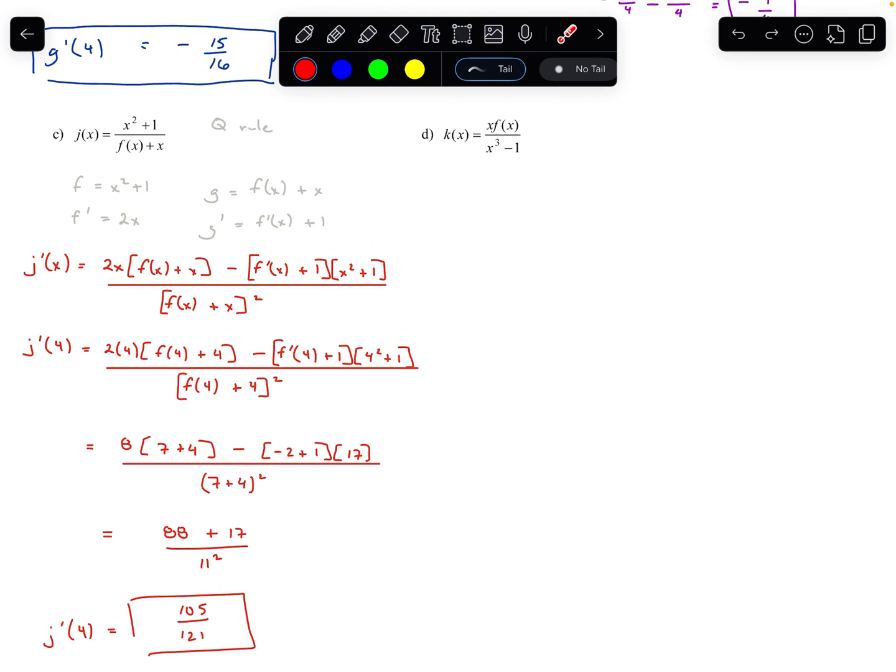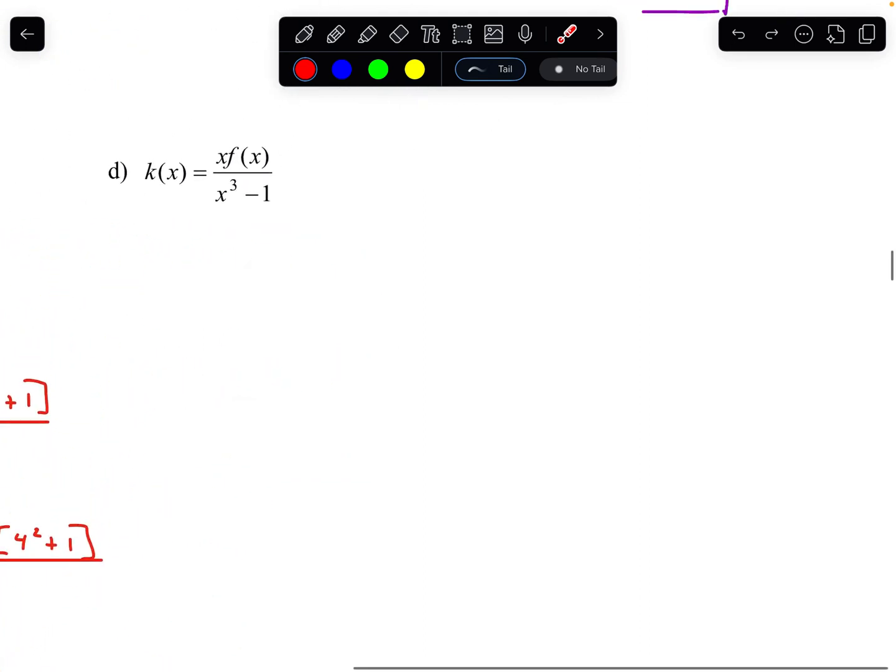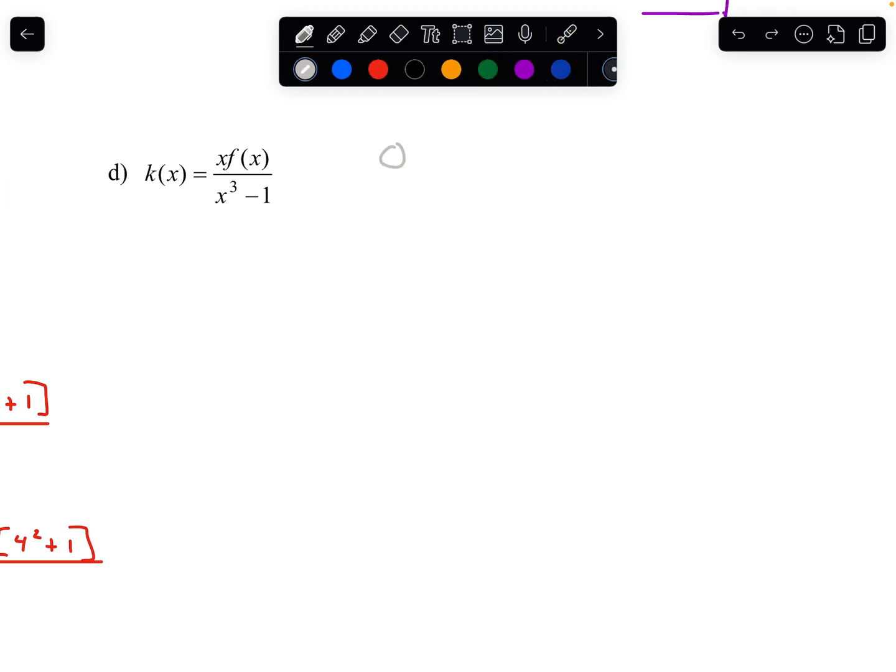I look at question D, and I say that's a quotient. That's one function divided by another. So quotient rule. The top of that function is f. The bottom of that function is g. G prime is easy. To take the derivative of this, it's two functions being multiplied.